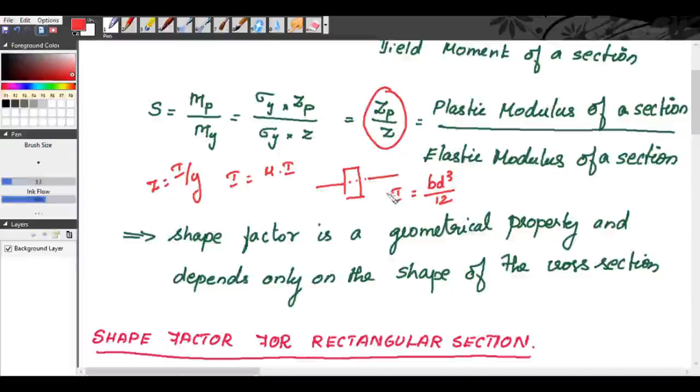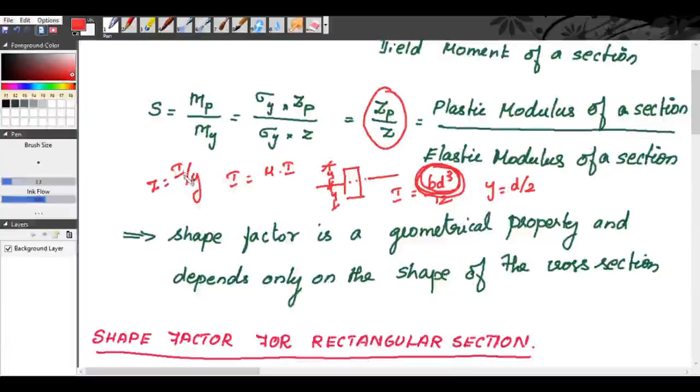So this moment of inertia depends on the breadth and depth of the section. That is, it depends on the dimensions, the geometrical property of the section. What is Y? Y is nothing but the distance from the neutral axis to the extreme fiber. So Y will be equal to D by 2.